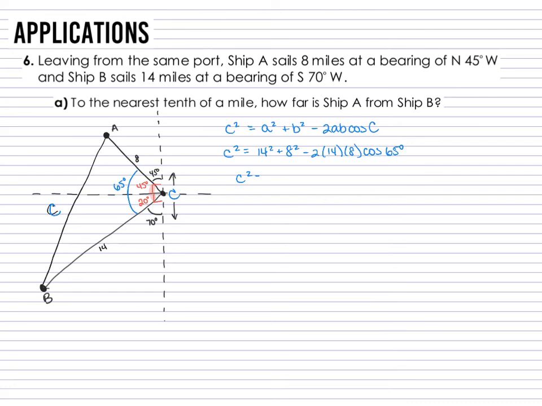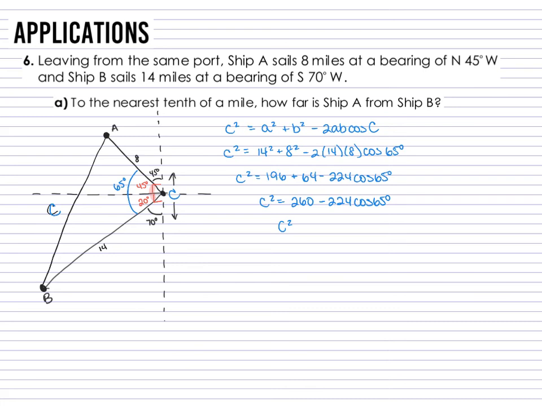We'll just keep filling everything in. So 14 squared is 196, 8 squared is 64, 2 times 14 times 8 is going to give me 224 cosine of 65. If I add together 196 and 64, C squared is 260 minus 224 cosine 65.